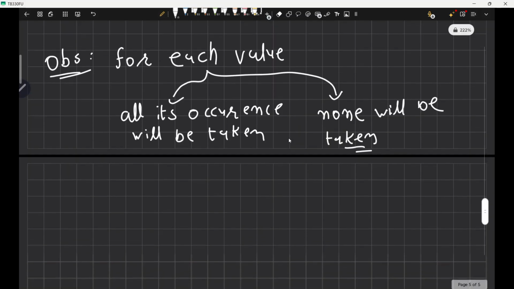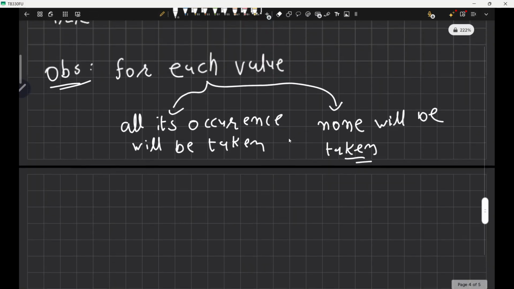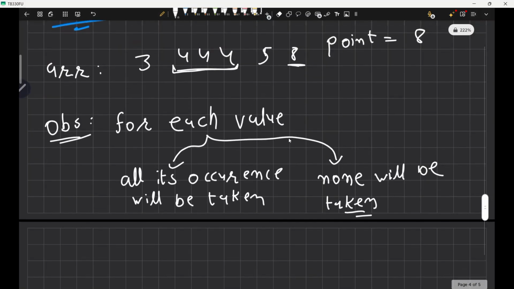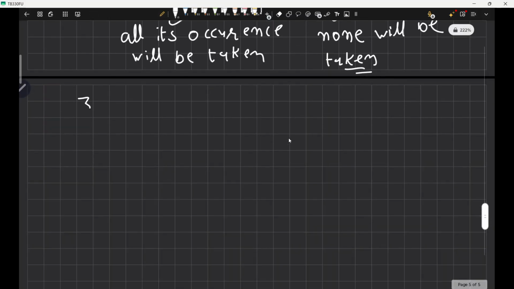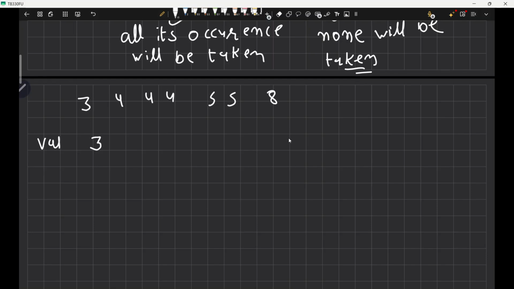And now from this you have to count some answer, right? So let's see what points we are going to get if we remove each value. Let's say the array is something like this, 5 5 and then 8. We write the value, and what points it gives us.